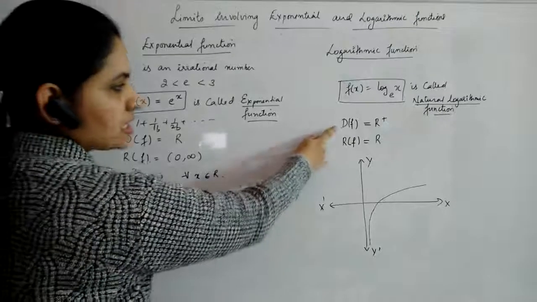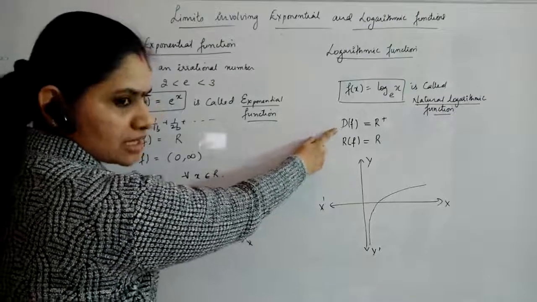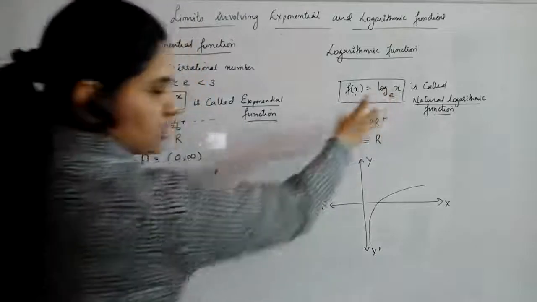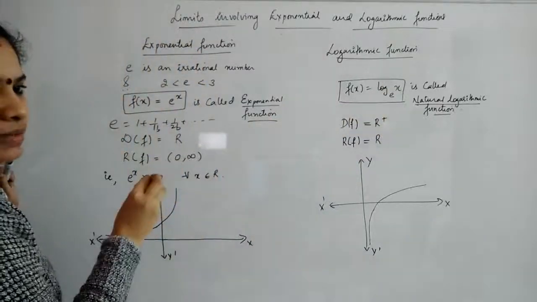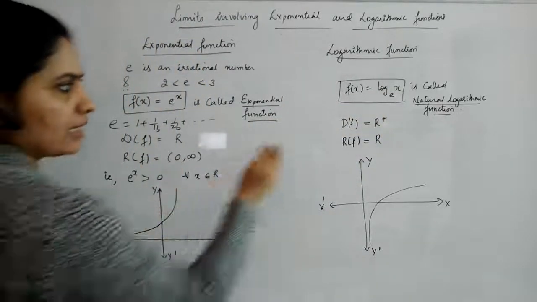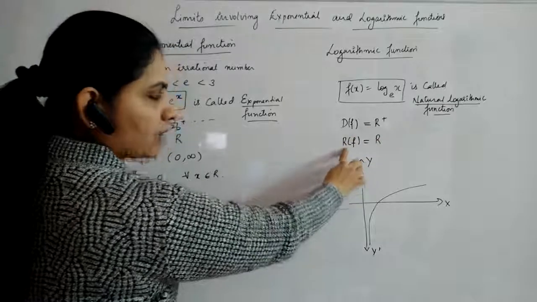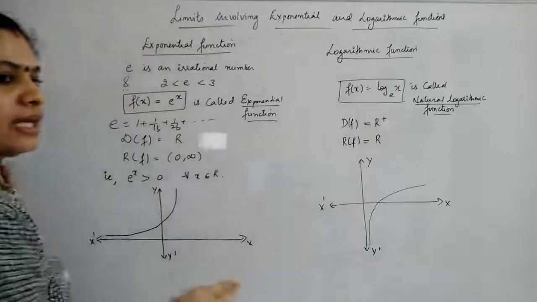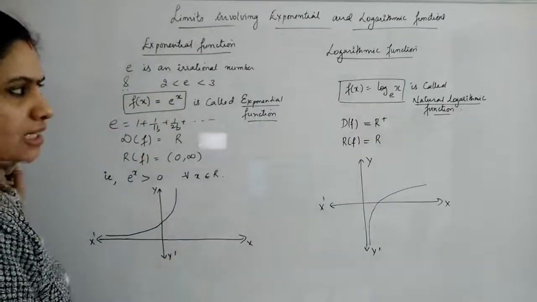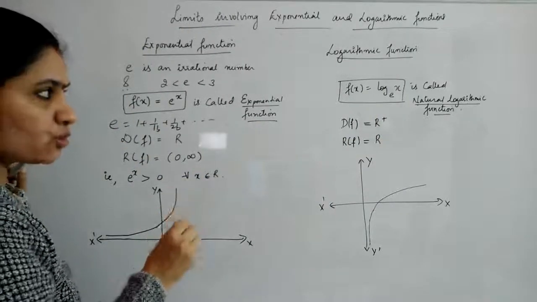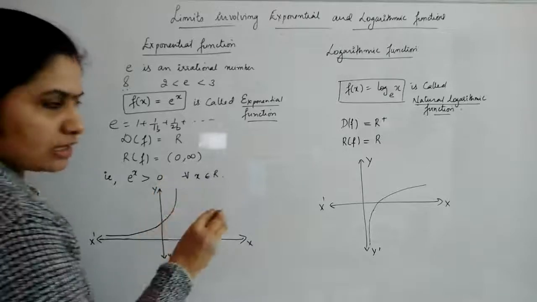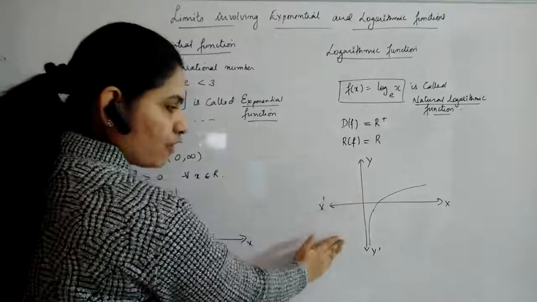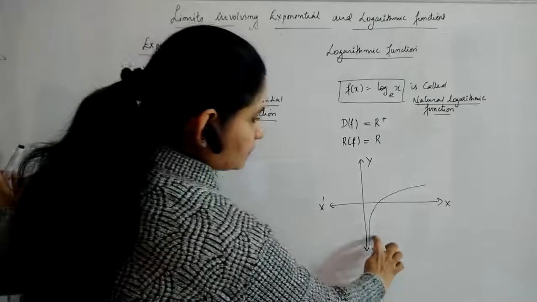First, you just see the domain of f is R plus. That means the values of x chosen by this function will be only positive values. Now the range of f will be all values, that is, log x can be positive, negative, anything you can get. But the x values it will take will be only positive. The graph of the logarithmic function goes like this.